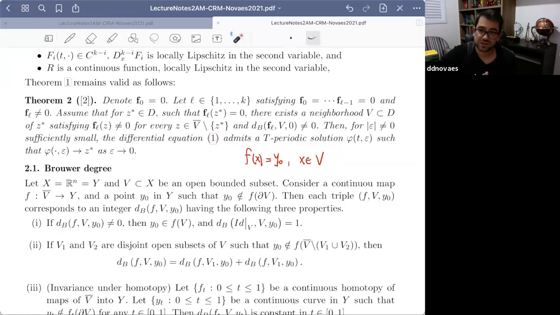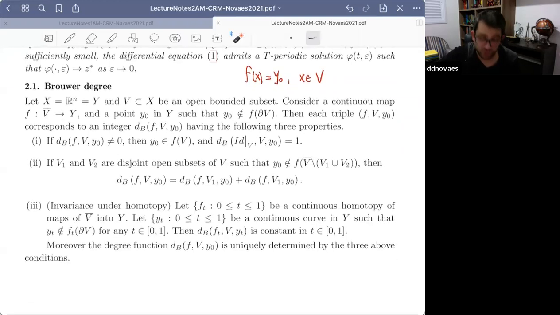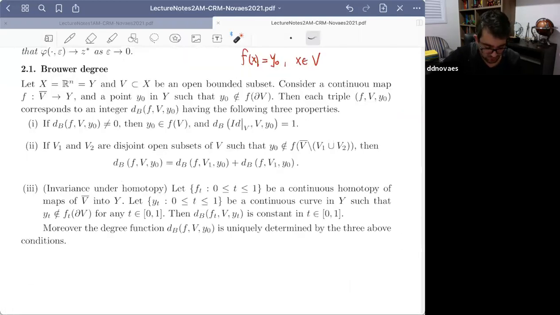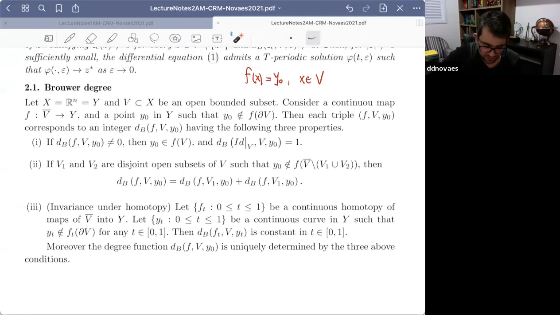The Brouwer degree is an object that provides an answer for this question, and it is defined by some axiomatic properties. Let me show these properties, and then I will show a formula for the Brouwer degree. So let's consider a domain R^n, a codomain R^n, and let V be a subset of X, open and bounded.